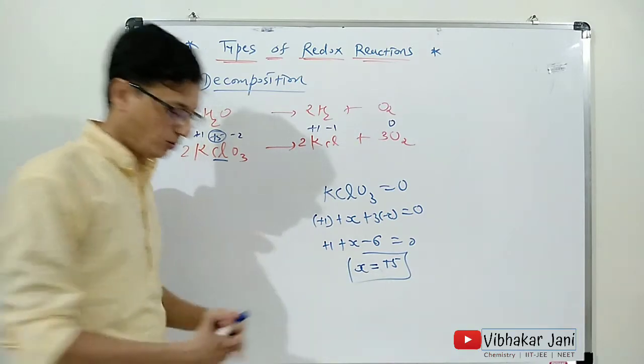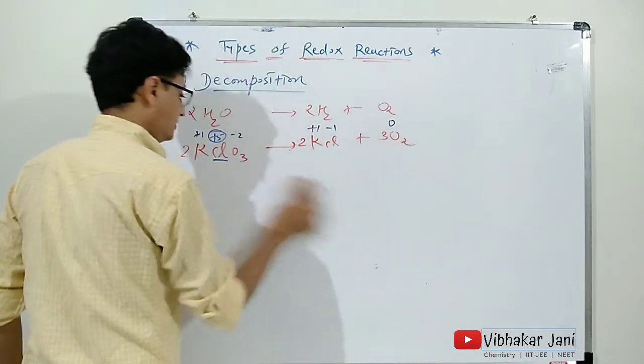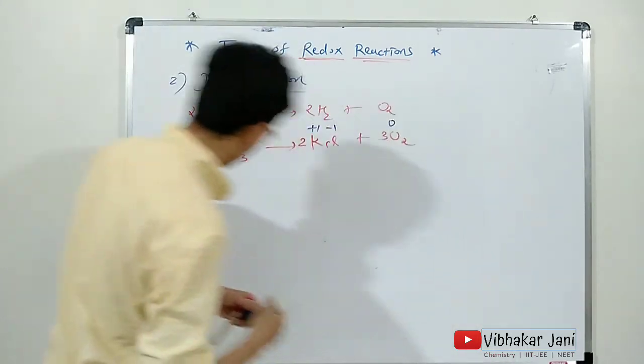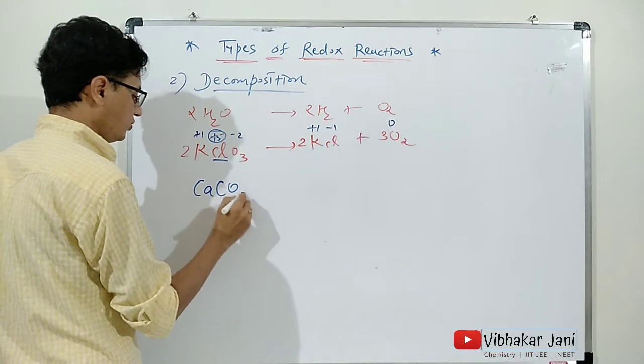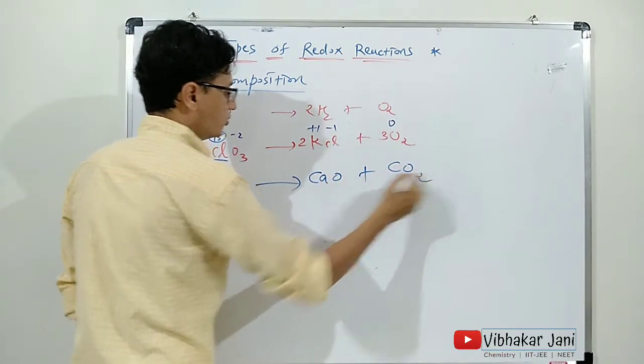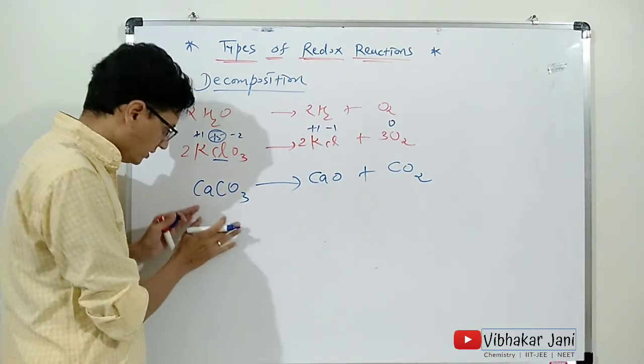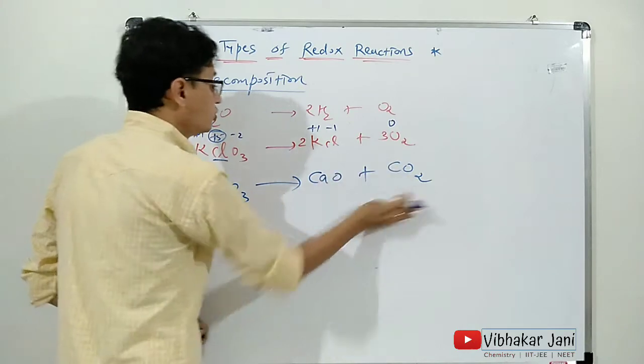Let us take one more example. This is also a very interesting example. Suppose I write CaCO3, and it is decomposed to CaO plus CO2. Obviously it is a decomposition, because one substance is converted into two substances.